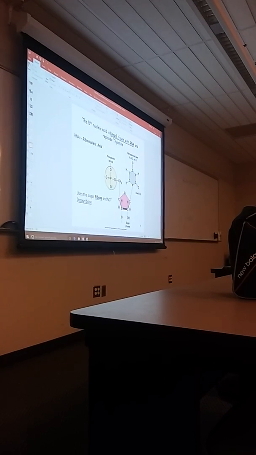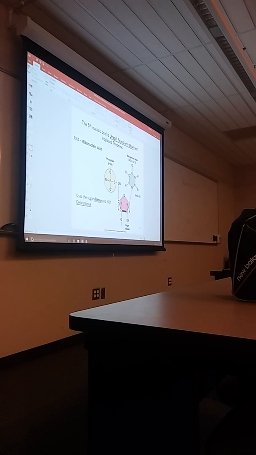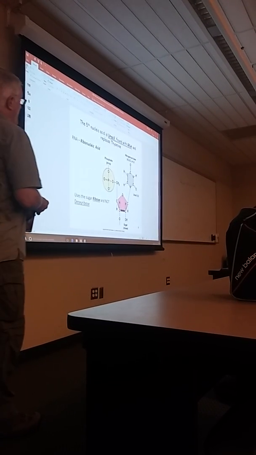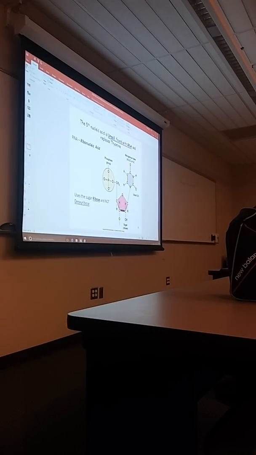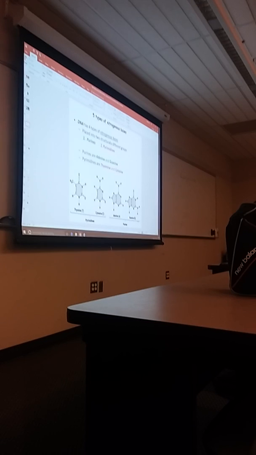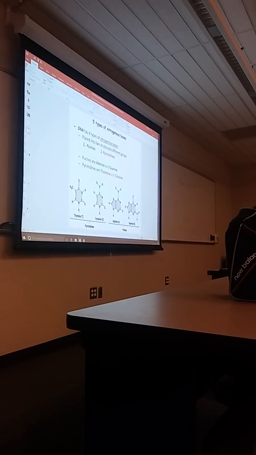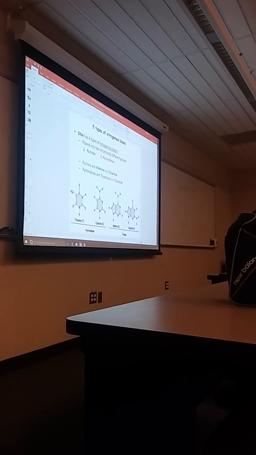So for the uracil, it doesn't belong to the category of purines and pyrimidines, right? Well, look at its shape. Which one does it look like? Pyrimidines? Yep. So it belongs to the category of pyrimidines. In a way, it's just a different version of this one.